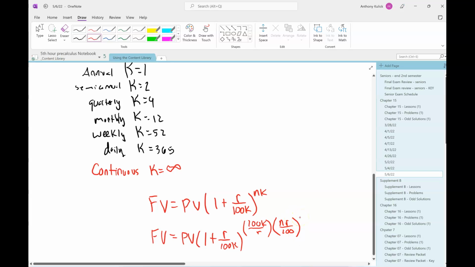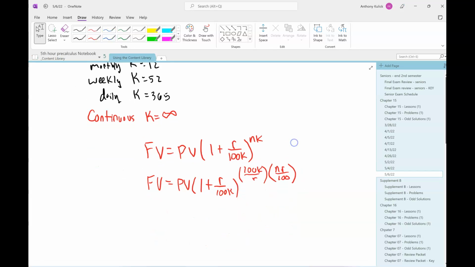Now you might look at that and go, why? What in the world did you just do? Notice if you multiply those two fractions together, everything reduces down and you just get nk. So I haven't really done anything differently. I've just written this in an odd way. And I'll show you why I wanted to write it in this odd way in the next step.